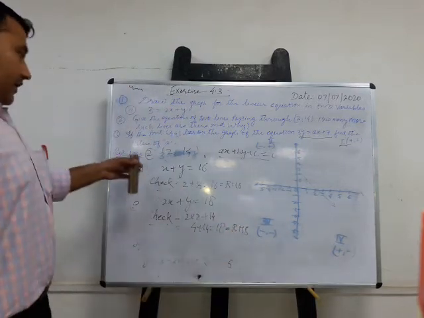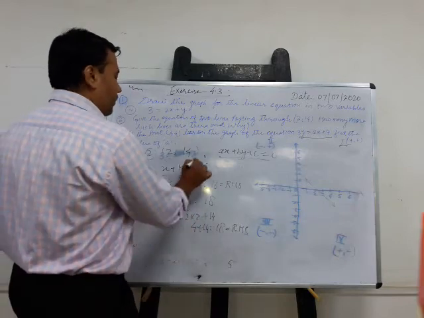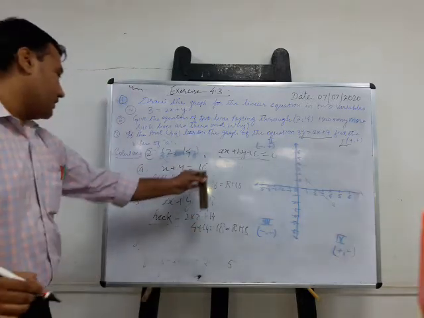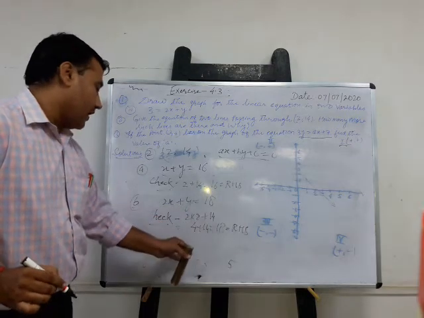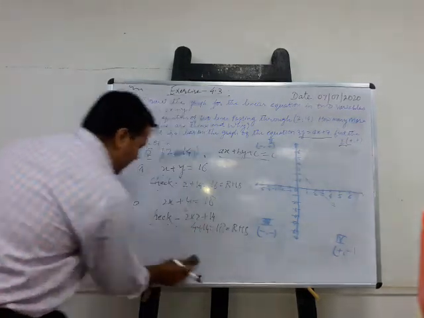It means the equations that you have designed are exactly following the norm: x plus y equal to 16 and 2x plus y equal to 18. These are the equations of two lines in two variables.